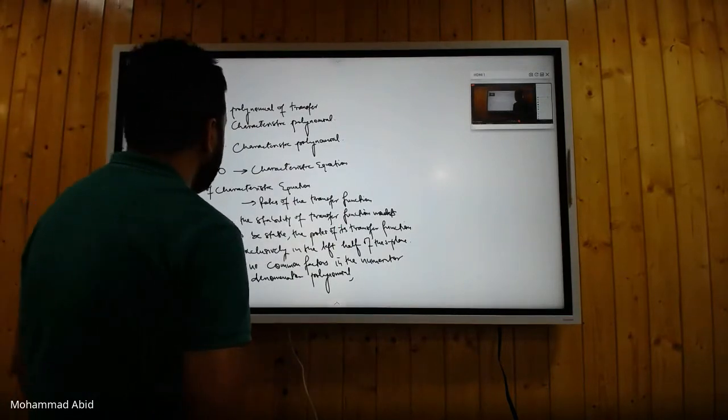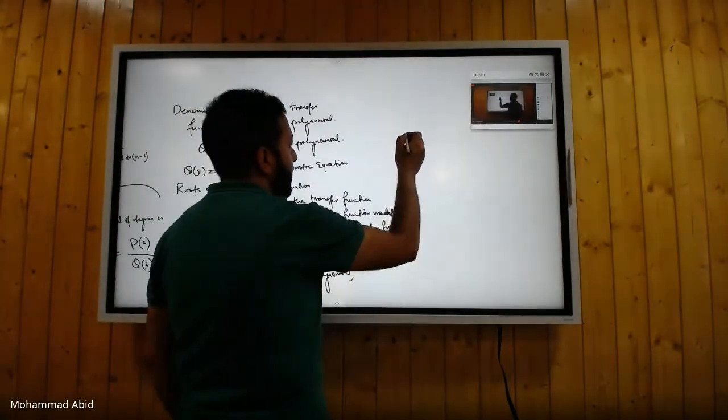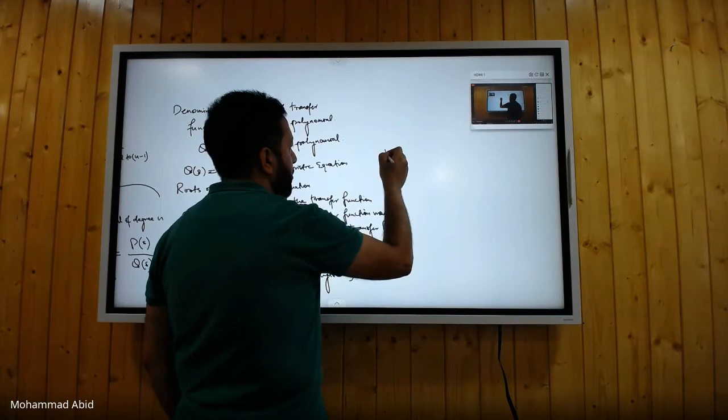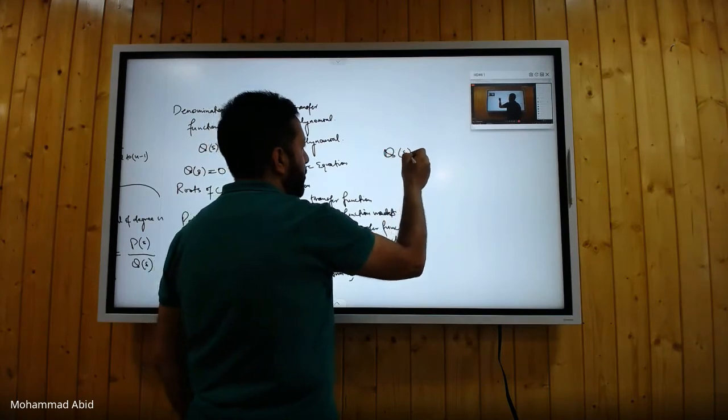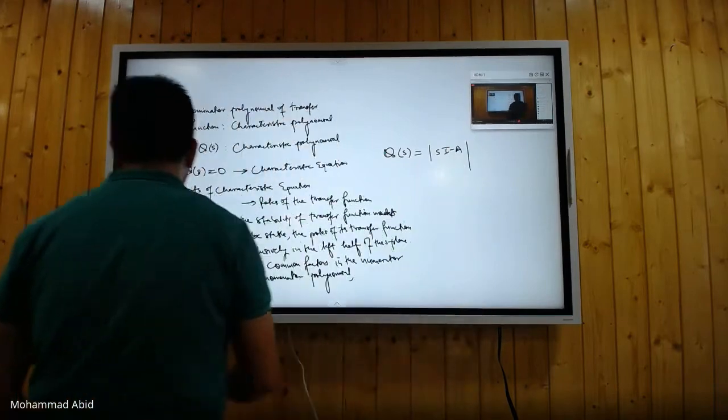In case there are no common factors in the numerator polynomial and the denominator polynomial, this Q(s) will be equal to determinant of sI minus A.